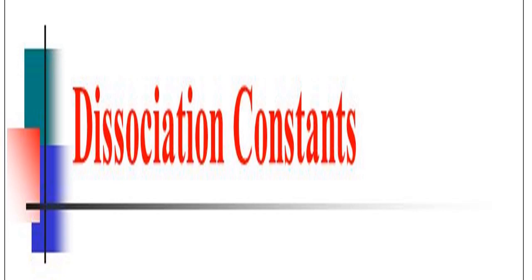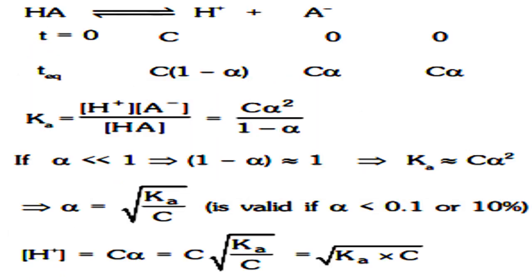So today we will continue ionic equilibrium. Another part of ionic equilibrium is dissociation constants for acids and bases. Let us take one general example, HA. One more point to make clear here: normally weak acids and weak bases undergo dissociation partially. If an acid undergoes complete dissociation, then there is no equilibrium.